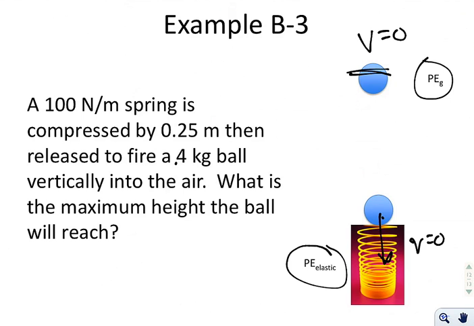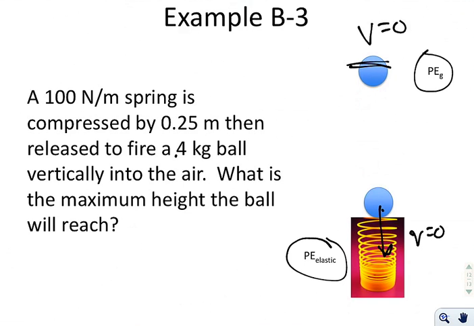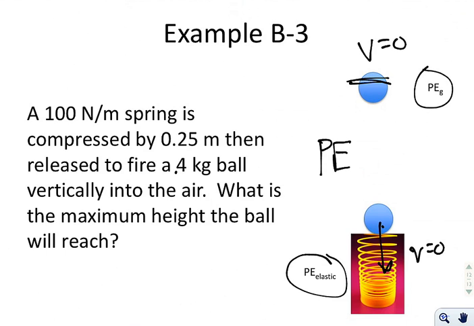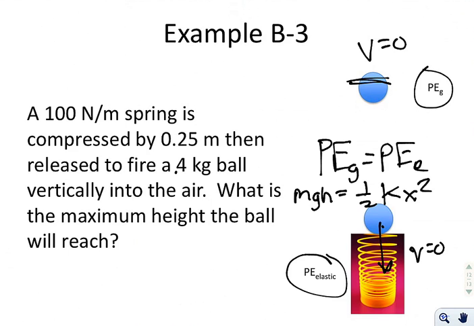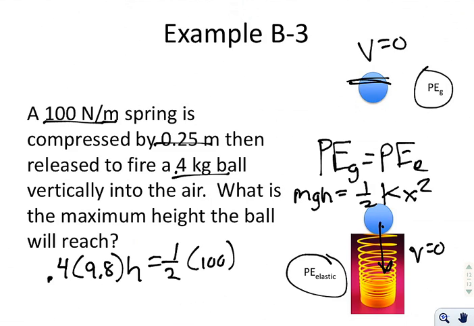So because of that, I can say potential energy due to gravity equals potential energy elastic. So now you can expand that equation out, and you can say mgh equals 1/2 k x squared. So you have k and x and m, and we're going to assume it's on Earth, so we have g, and we can go ahead and plug in and say 0.4 times 9.8 h equals 1/2 of 100 times 0.25 squared.